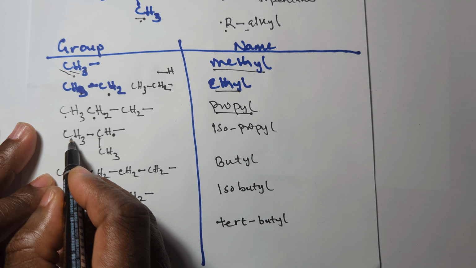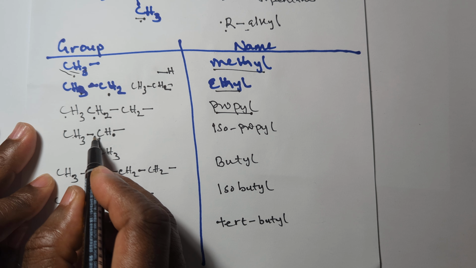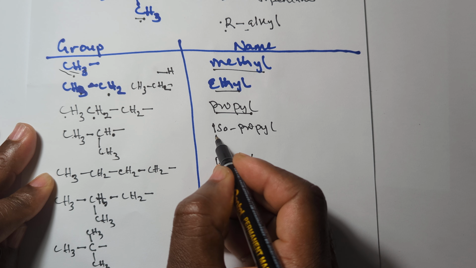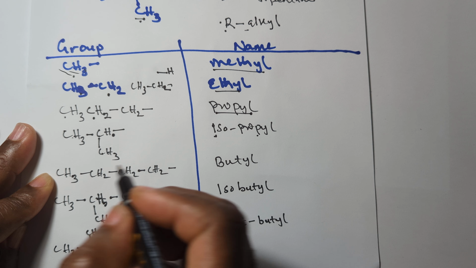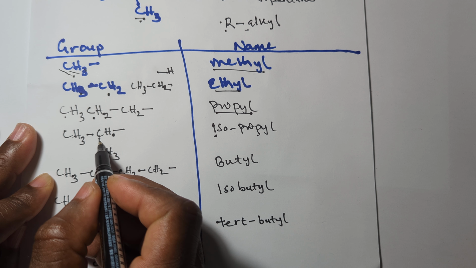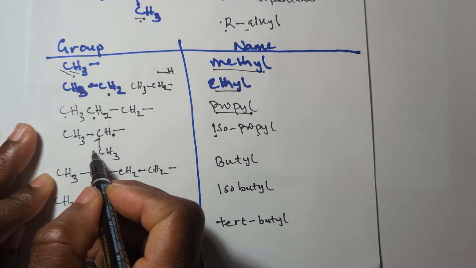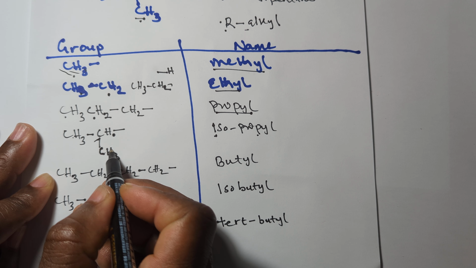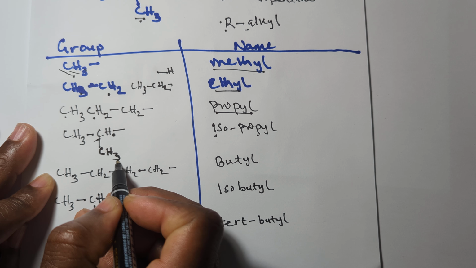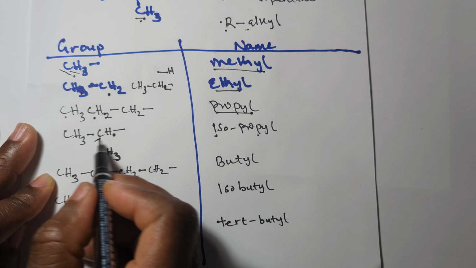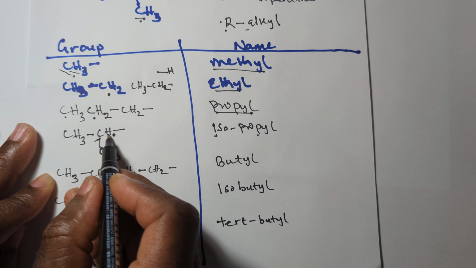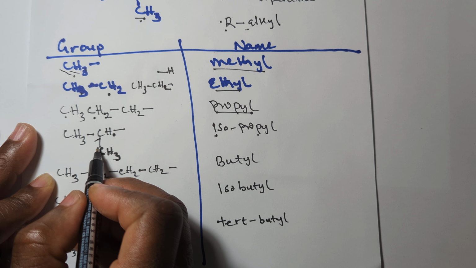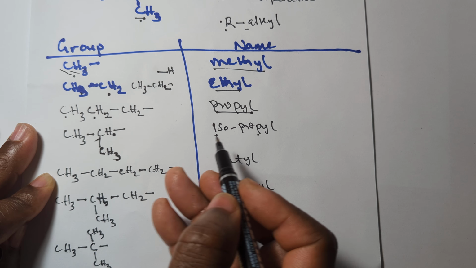And this one, 1, 2, 3, is a propyl group, but it is named isopropyl because it has a methyl group or substituent here, another carbon that is not continuous. If you count from here it is continuous, but this is the only carbon that is not part of the rest of the chain. So we call it iso. This is isopropyl.